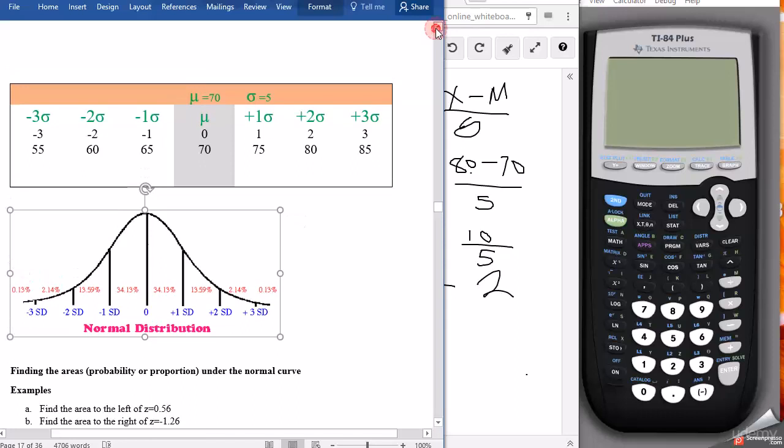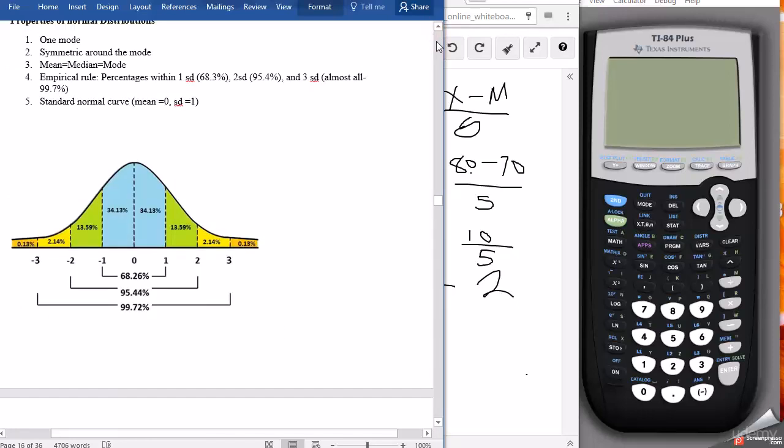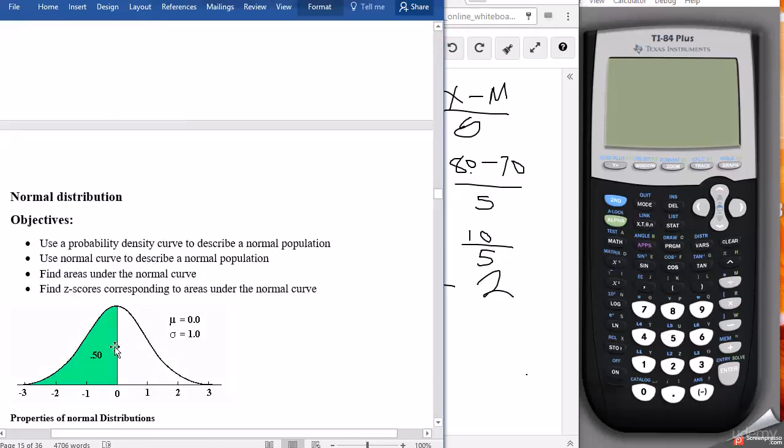If we go up here, you can see that the area to the left of a z-score of 0 is 50%. So the z-score is 0 and the area to the left is 50% or 0.5.